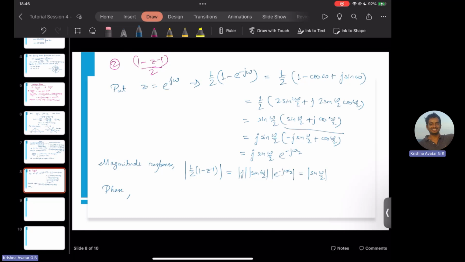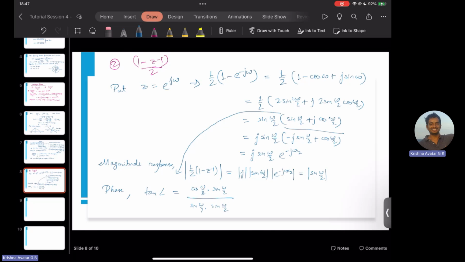Again, we can rewrite this entire thing. So what you have is, we can always refer back to this expression here. And we know that tan of angle is going to be equal to the imaginary part, which is cosine omega by 2 into sine omega by 2 divided by sine omega by 2 into sine omega by 2.